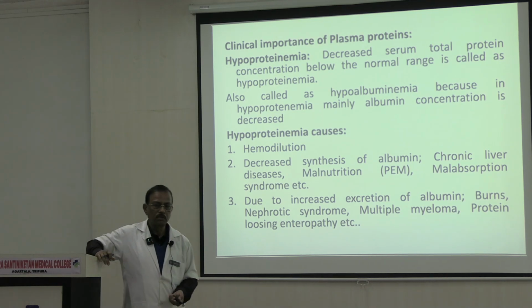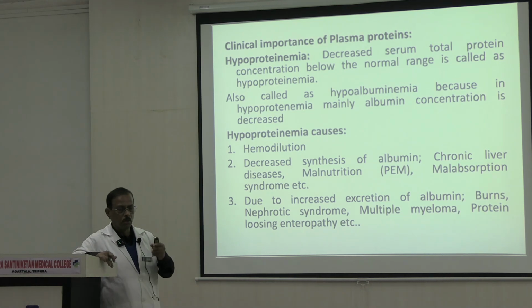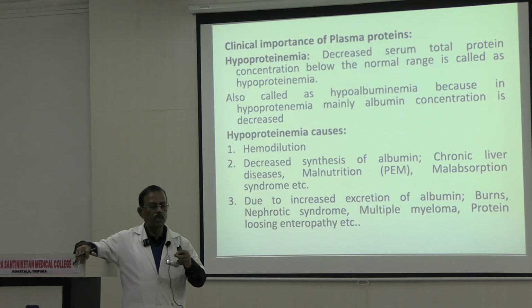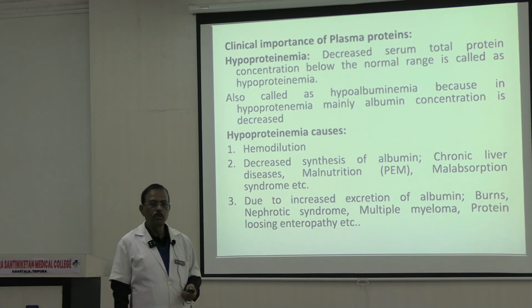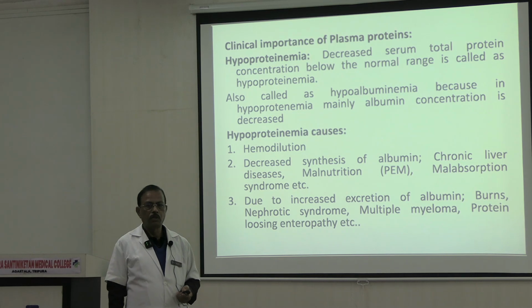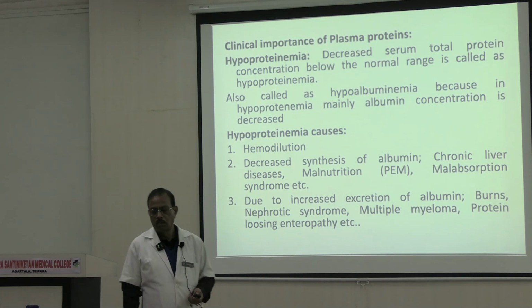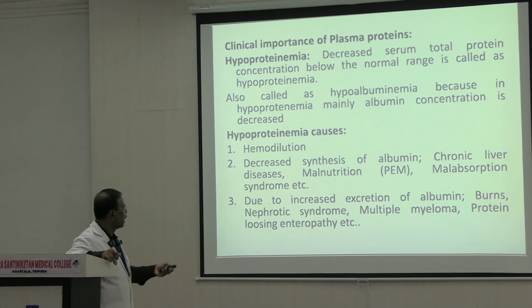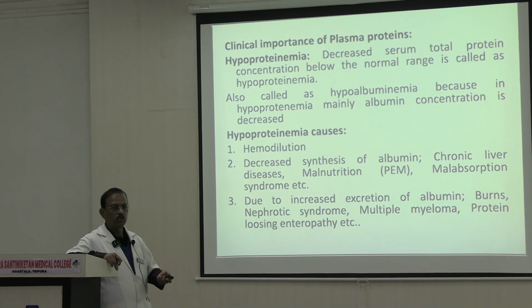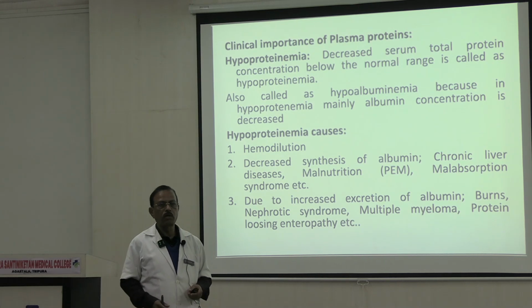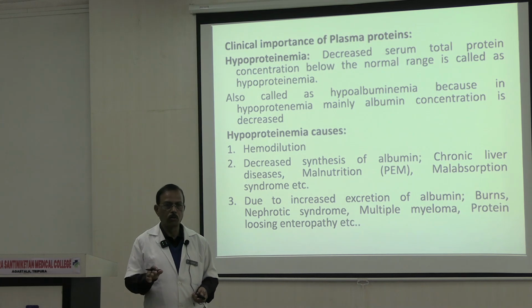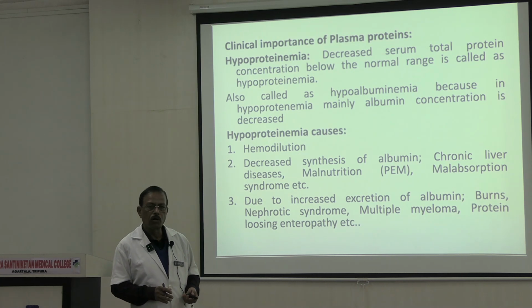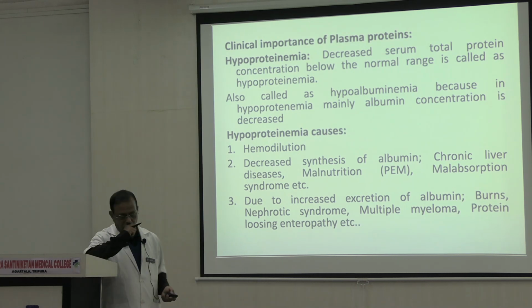In malnutrition there is no intake of quality food, a balanced diet lacking amino acids, and malabsorption syndrome means the person is taking food but cannot digest it, so the required amino acids and food materials are not absorbed properly.